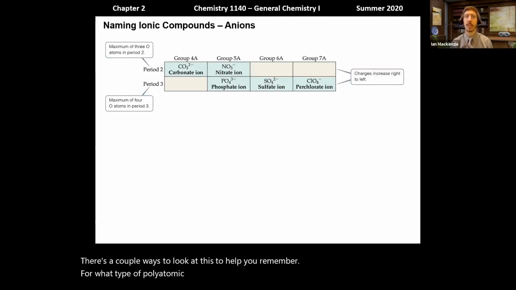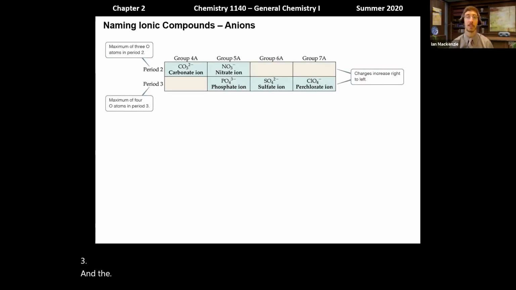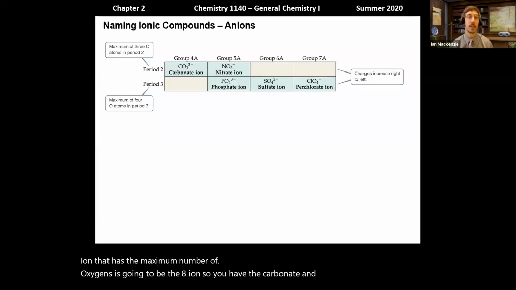There's a couple of ways to look at this to help you remember what types of polyatomic anions there can be. In the second row, period 2, where the elements are carbon, nitrogen, oxygen, fluorine, the maximum number of oxygens allowed is 3. And the ion that has the maximum number of oxygens is going to be the -ate ion. So you have the carbonate and the nitrate ions here.